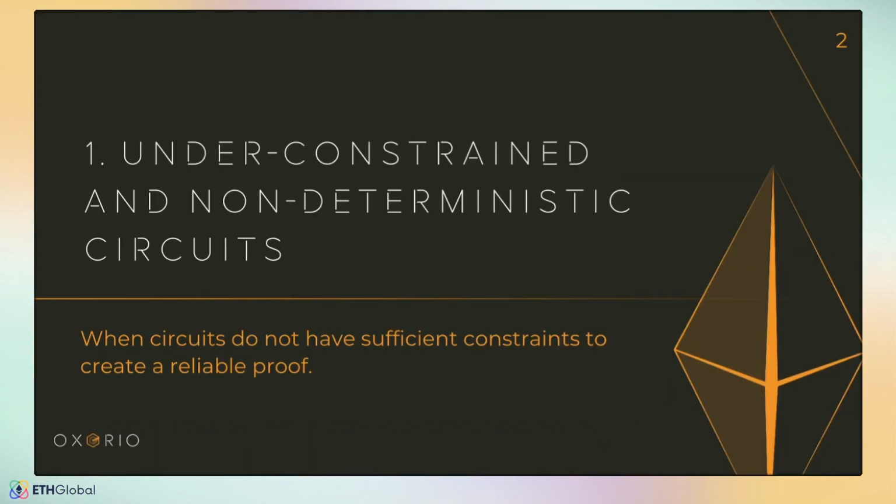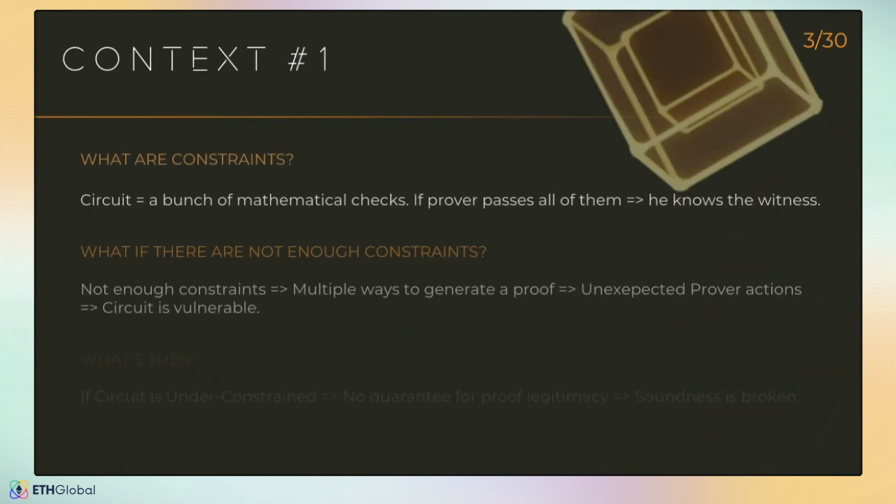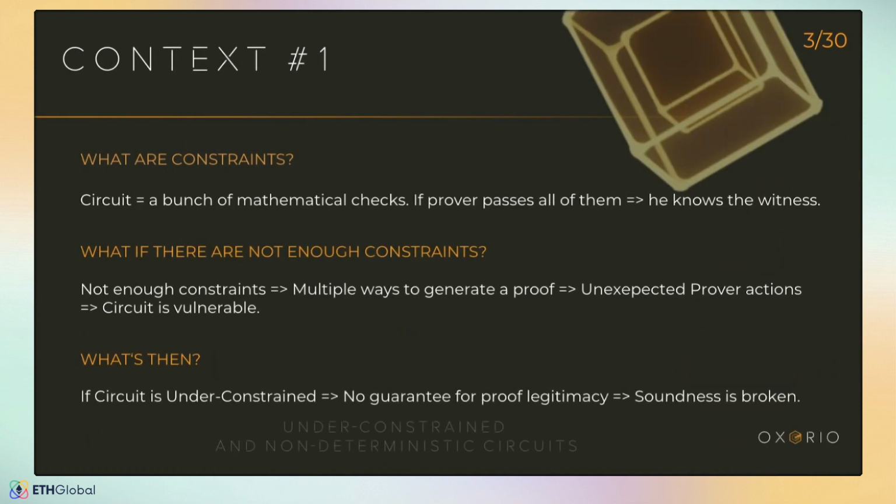The first type of vulnerability is under constrained and non-deterministic circuits. We have merged them into one type because in the vast majority of cases non-deterministic circuits are simply under constrained circuits that additionally involve the break of the determinism principle. So we have decided to merge them.